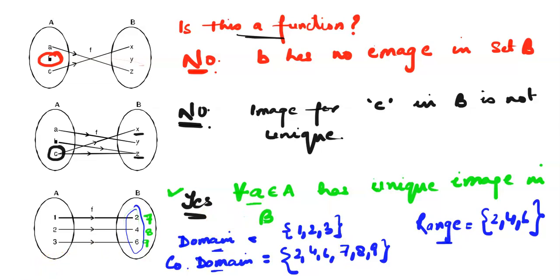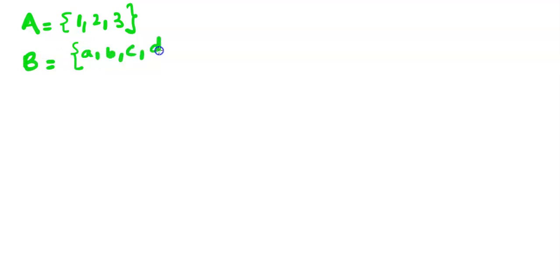Well, let's do another example, or maybe a couple of examples to see if this is clear. Let's take another example. You have a set A, which is 1, 2, and 3, and there's a set B, which is A, B, C, and D, and we are talking about the Cartesian product A cross B. Is the Cartesian product a function?